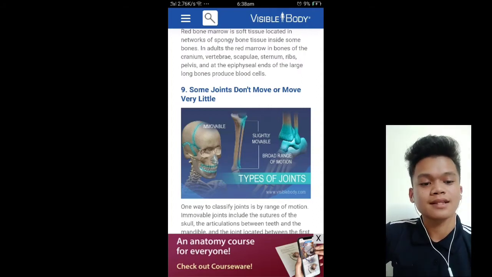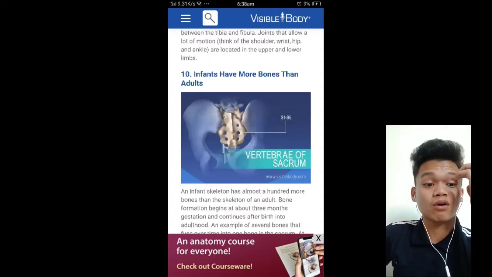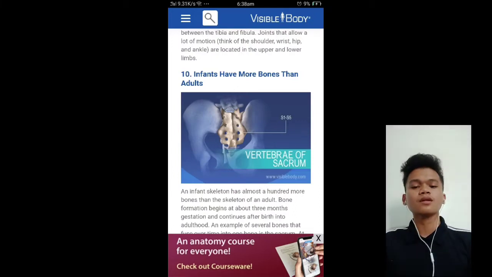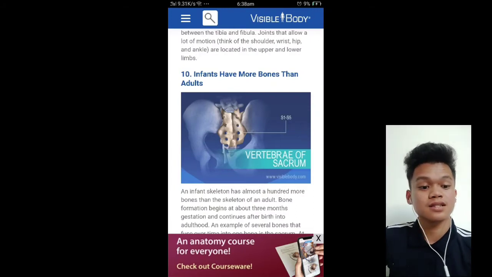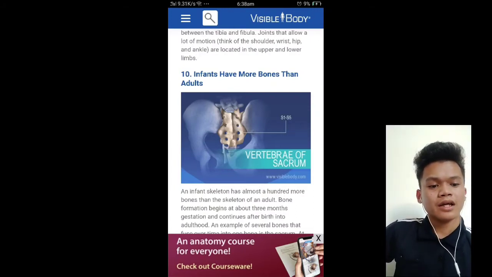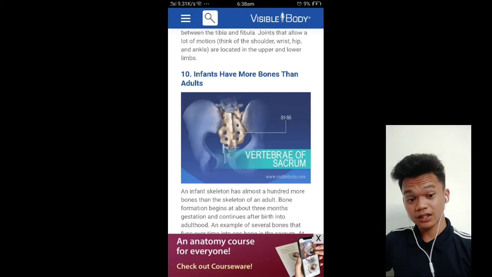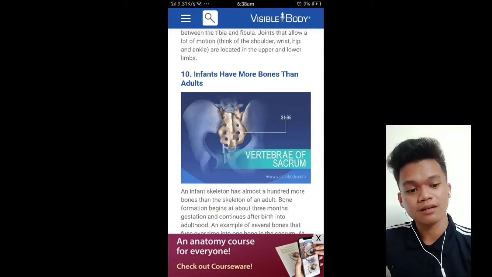Lastly, infants have more bones than adults. Adults have 206, while an infant skeleton has almost 100 more bones.